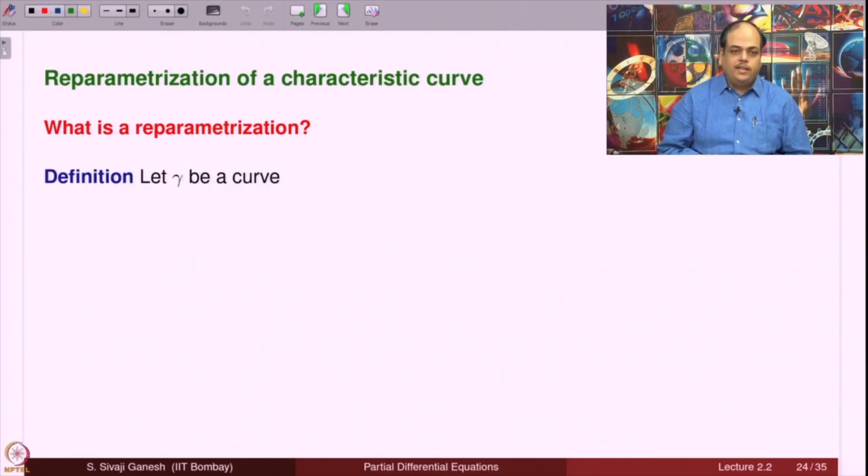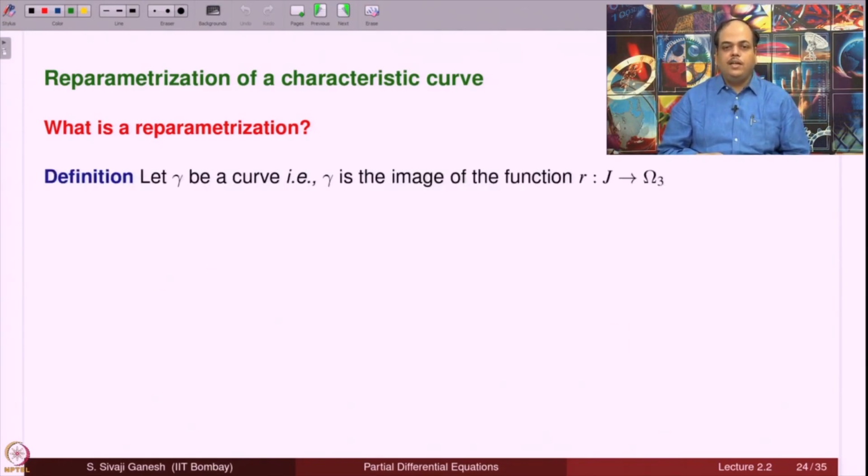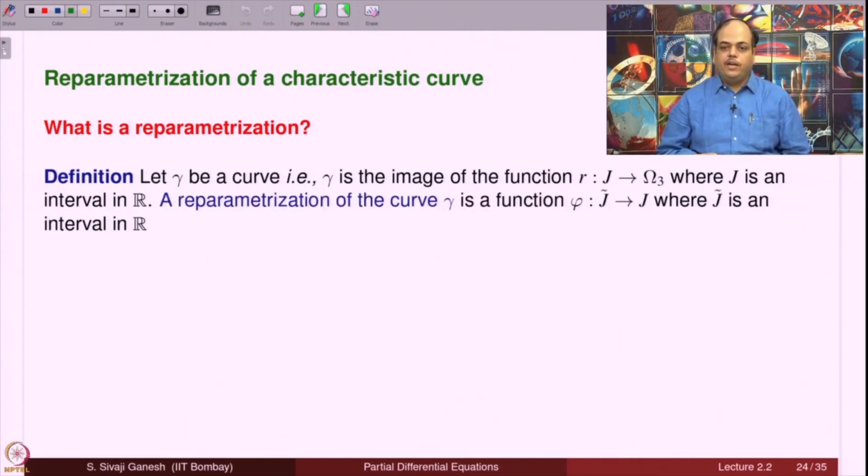What is a reparameterization? Let gamma be a curve, that is, gamma is the image of a function r from some interval J to Omega in R^3, where J is an interval in R. This is a curve given. Now, we are going to define what we mean by a reparameterization of this. It is a function phi defined from some interval J tilde to J, where J tilde is an interval, that is it. With what property?